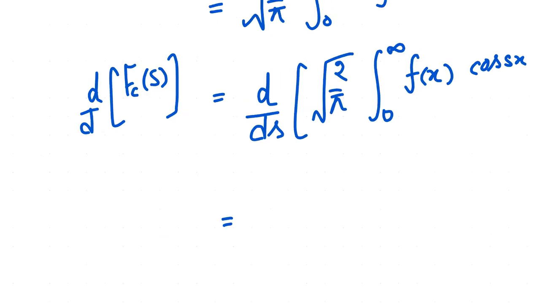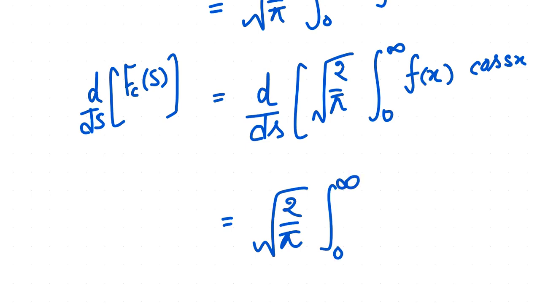So we will have square root of 2 over pi, integration limit 0 to infinity. fx we have as such, because cos sx is the function of s, so this will be minus sine sx into x by using the chain rule, dx.